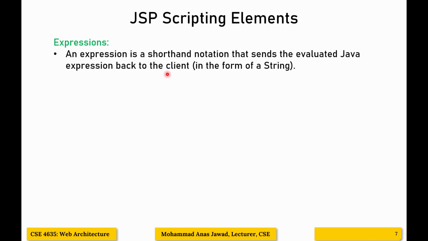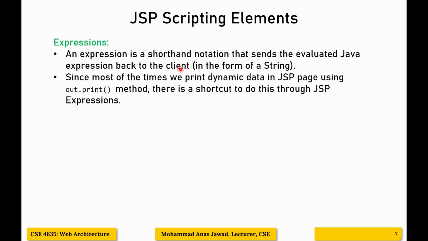Now let's take a look at JSP expressions. An expression is a shorthand notation that sends the evaluated Java expression back to the client in the form of a string. Since most of the time we print dynamic data inside our JSP page by using the out.print method, JSP expressions make our life easier by providing a shortcut to replace this out.print method.